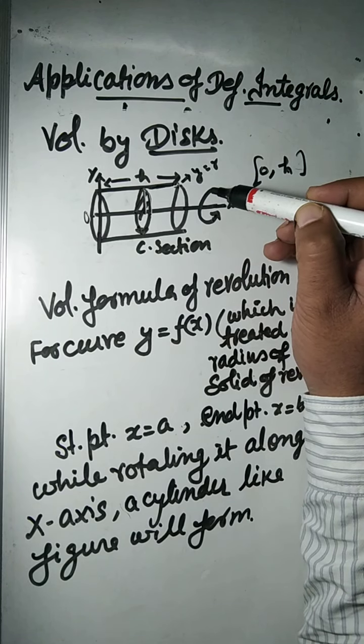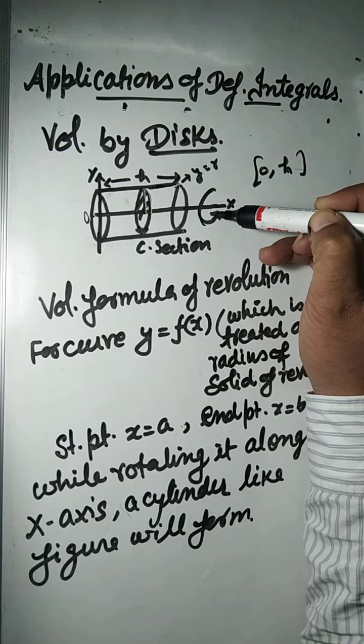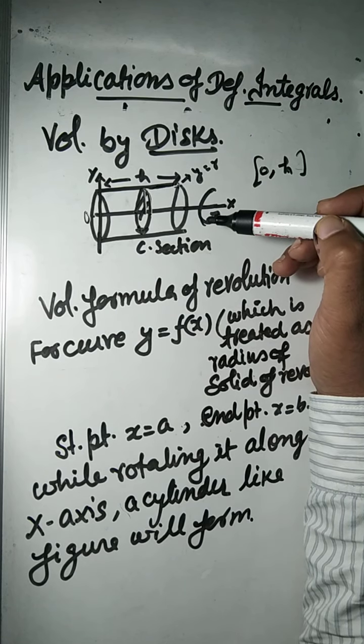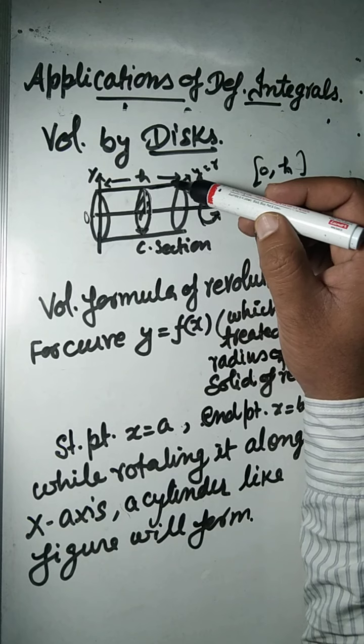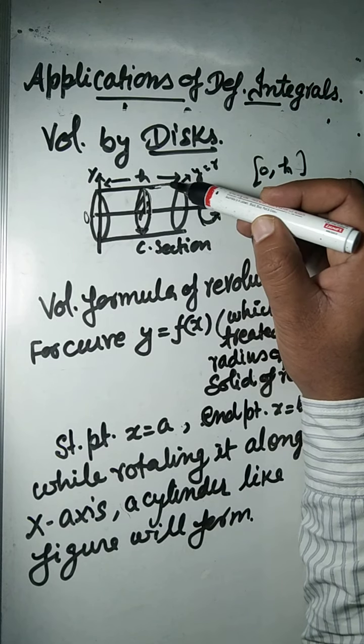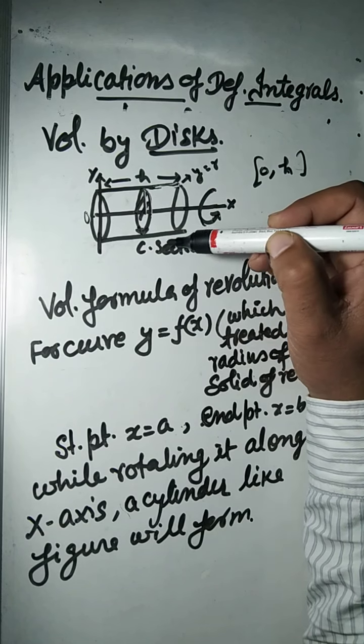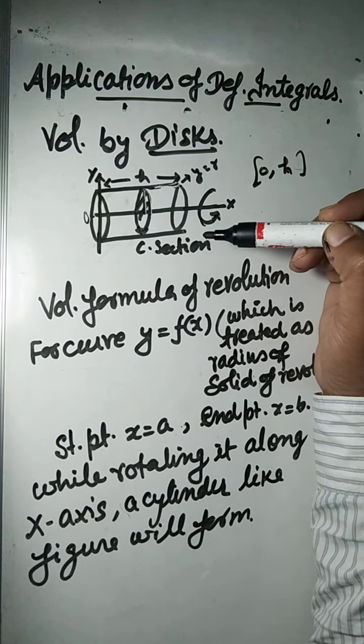rotated about this axis, and when this line forms a complete revolution, a cylinder forms.